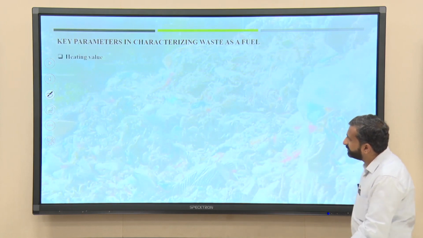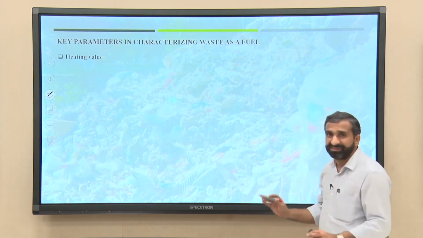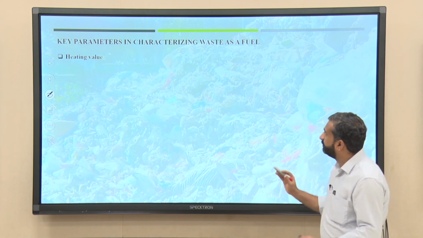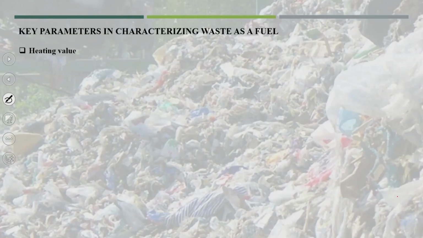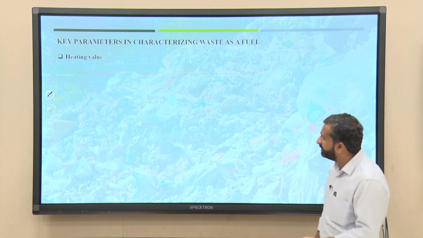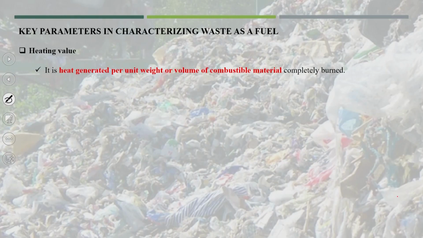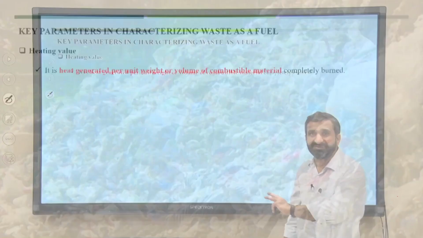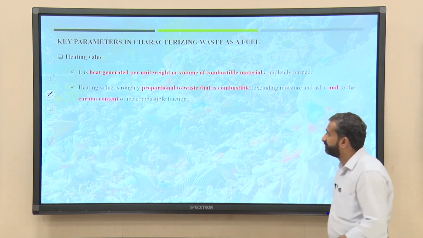Now, the key parameters. There are three major parameters that need to be characterized or considered before going for the incineration process. First is the heating value. It is the heat generated per unit volume of combustible material completely burned. That heating value, which we call the calorific value, needs to be known.